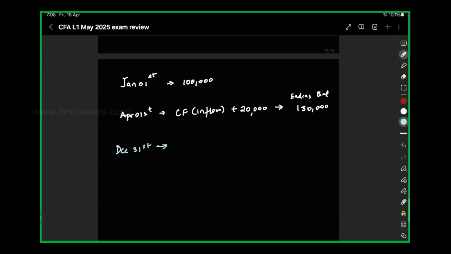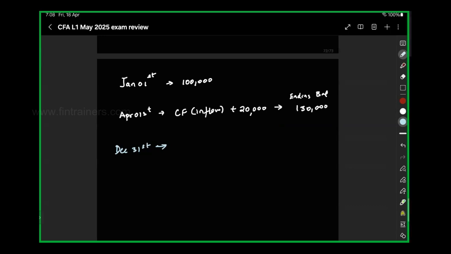Let's say this is after the cash flow. Then on December 31st, the beginning value is going to be the starting value, 130,000, and we end on December 31st at 155,000. Okay, something like that. Very simple. I just want to illustrate this computation. I don't want to make it too complicated.